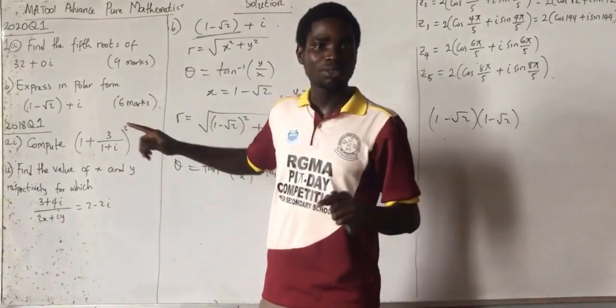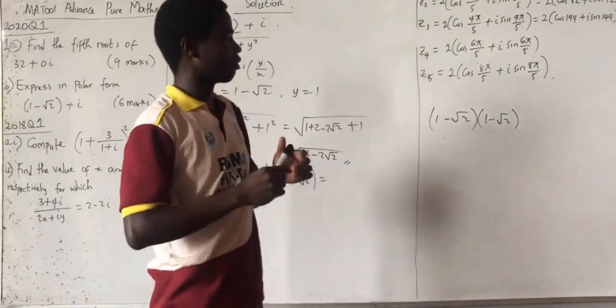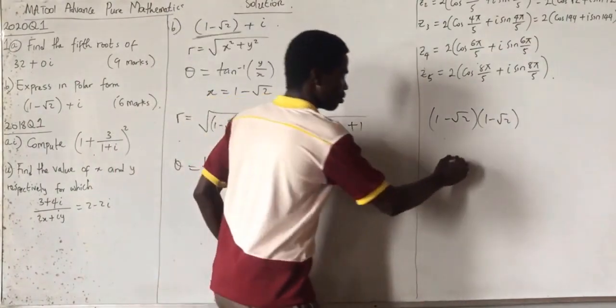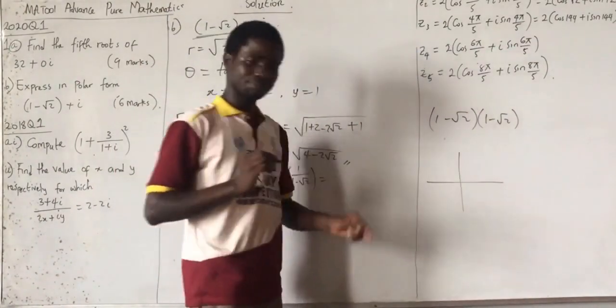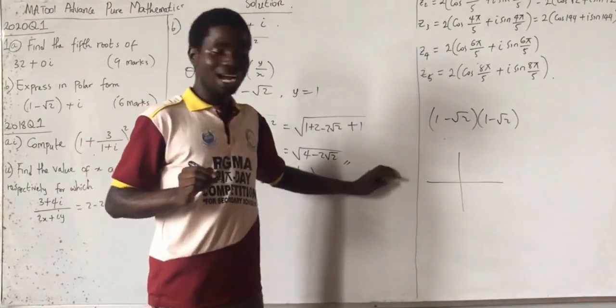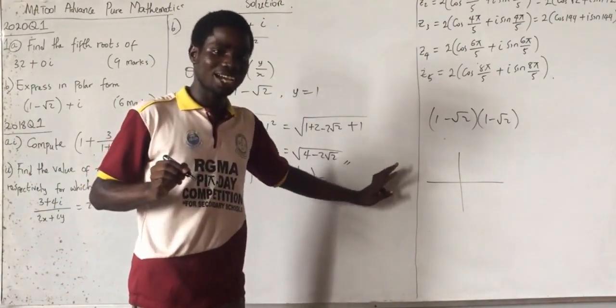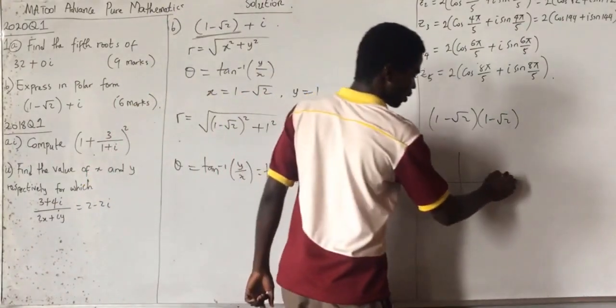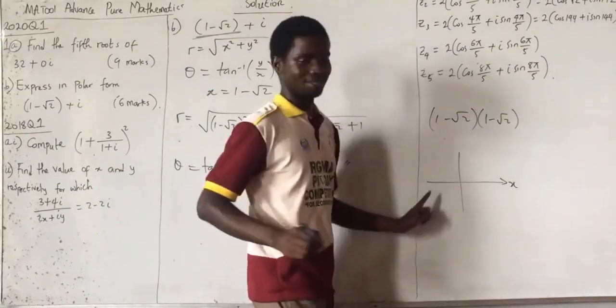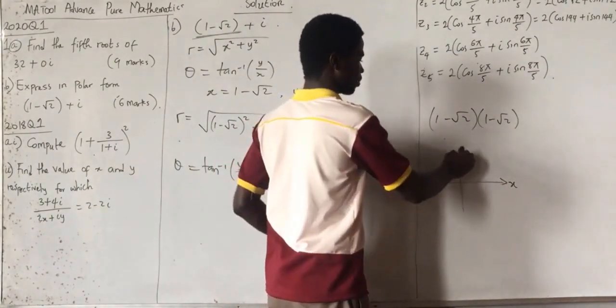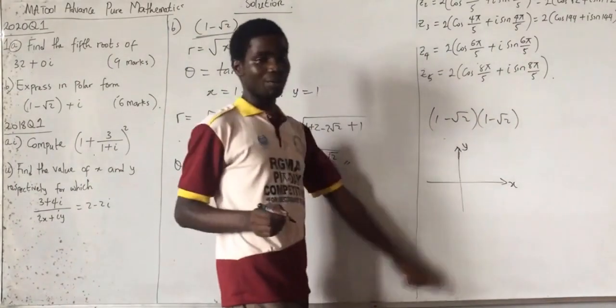For you to have full marks, you need to draw the Argand diagram. Draw the Argand diagram beside your work. This axis is for the real part, the name for x. This one is for the imaginary part, the name for y.